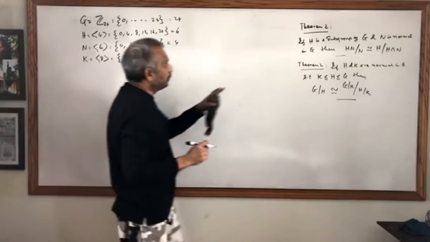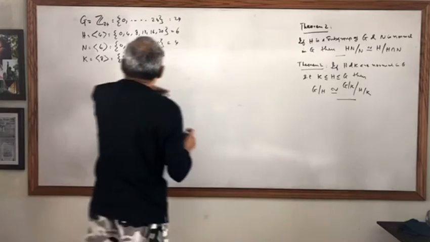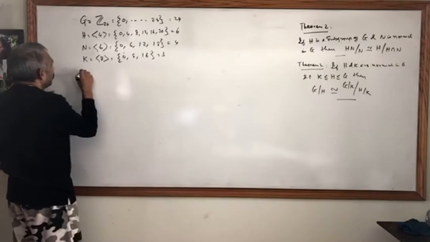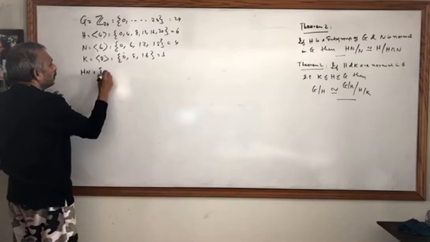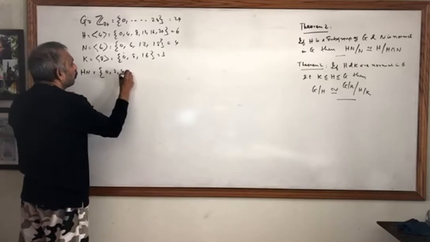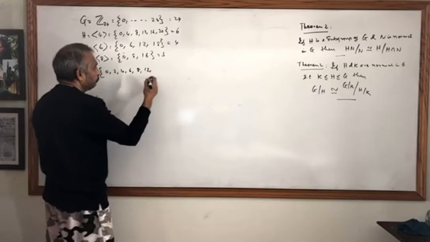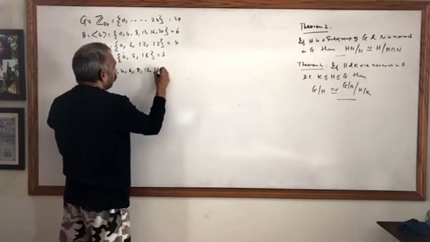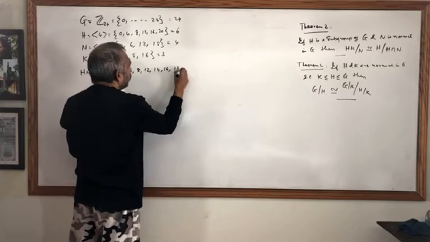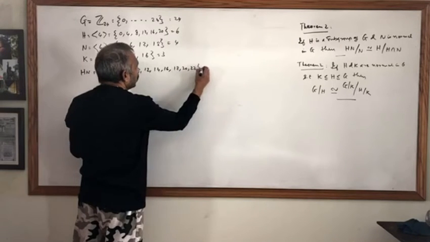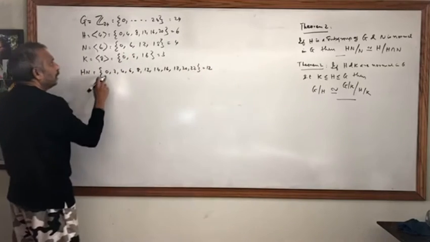Now let us compute one by one. HN is going to be 0, 2, 4, 6, 8, 10, 12, 14, 16, 18, 20, 22. There are 12 elements. You can compute this.